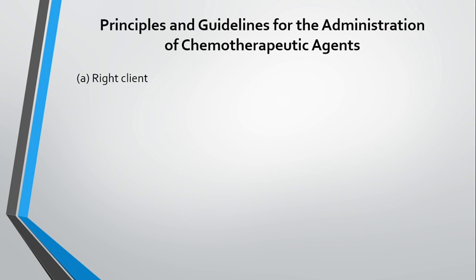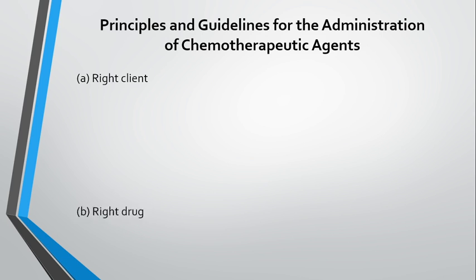So here are some principles. Now you can see cancer chemotherapeutics have a lot of side effects. So therefore, there are principles in applying cancer chemotherapeutics to oncological patients. This is an easy way to understand these principles.